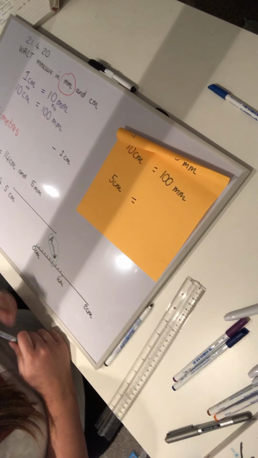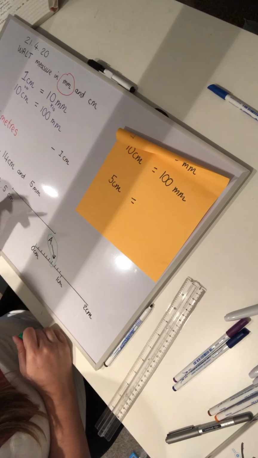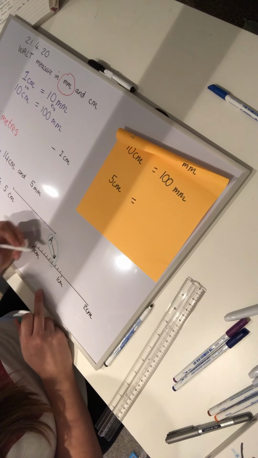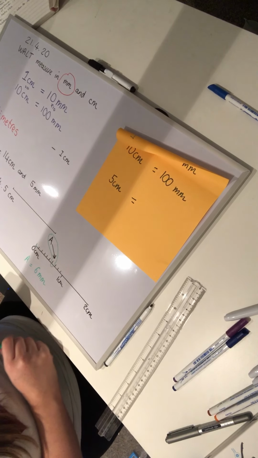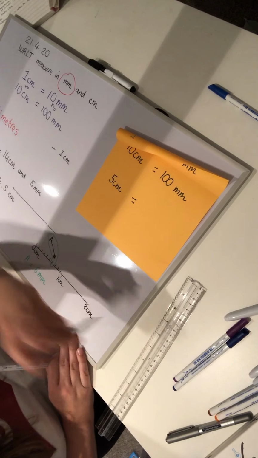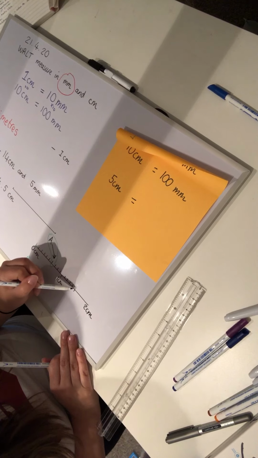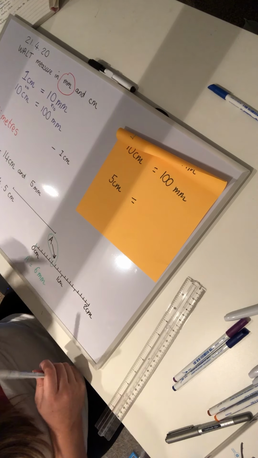You've got to figure out how many millimetres, because it hasn't reached the centimetres yet, so it's definitely millimetres. So you can count: 1 millimetre, 2, 3, 4, 5, 6. A would then equal 6 millimetres. It wouldn't be a point because you haven't reached that one yet. If I then went up here, 1, 2, 3, 4, 5, 6, 7, 8, 9, 2 centimetres.